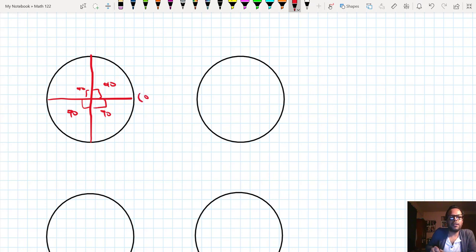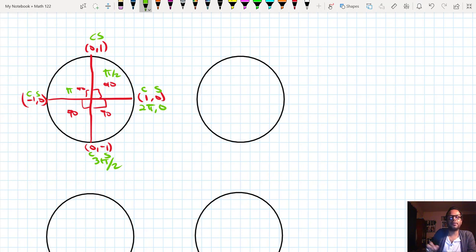So here are the points 0, 1, 1, 0, 0, negative 1, negative 1, 0, and 0, negative 1, right? This is again cosine and sine. This is cosine, this is sine. This is cosine, this is sine, this is cosine, this is sine. Okay, so this is 90 degrees or pi over 2. This is pi, this is 3 pi over 2, and this is 2 pi, right?